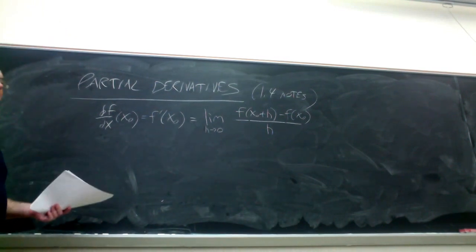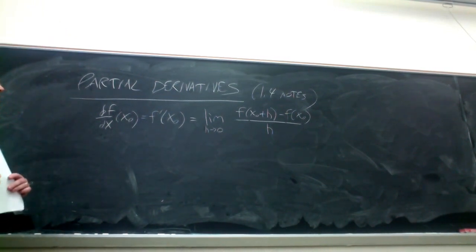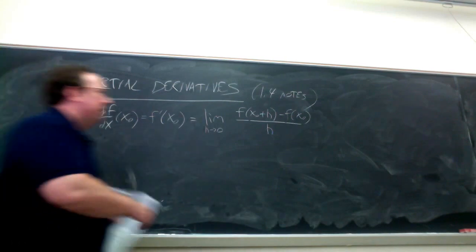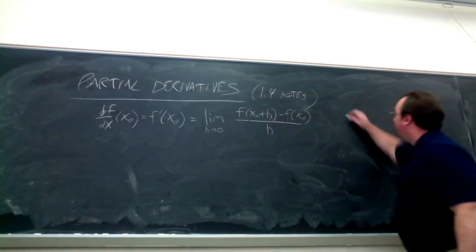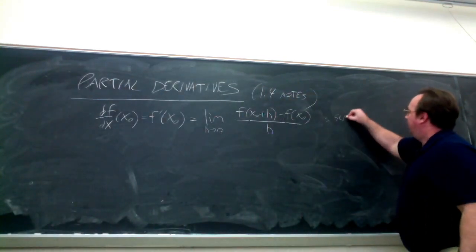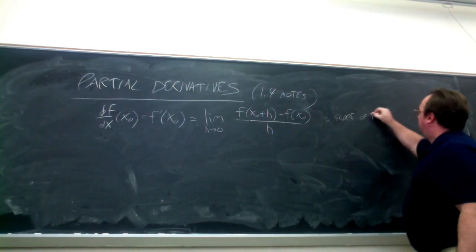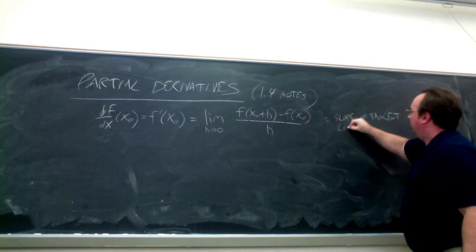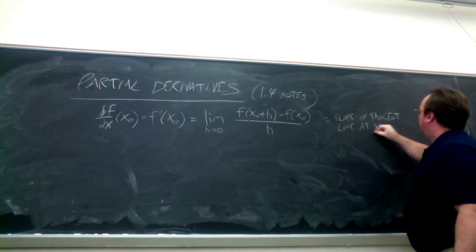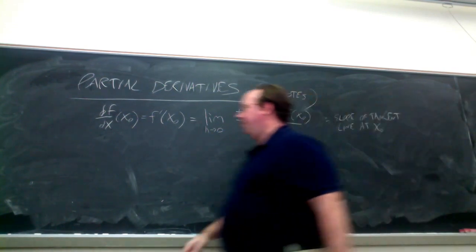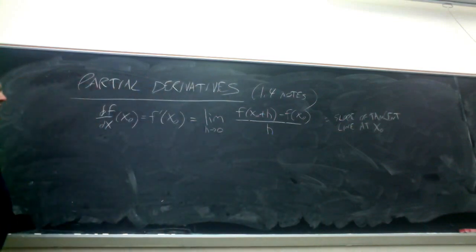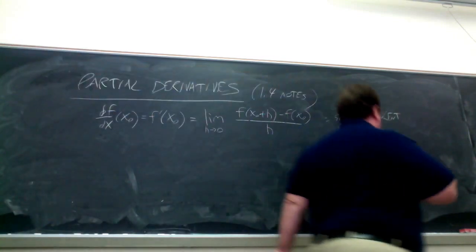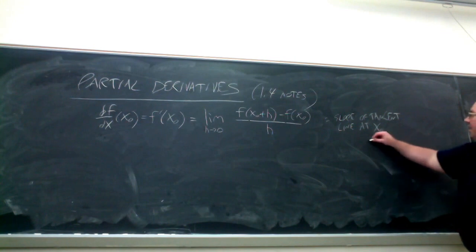And recall what that means, that this is the slope of a tangent line to a graph of f of x at x naught. Also, some additional interpretation.